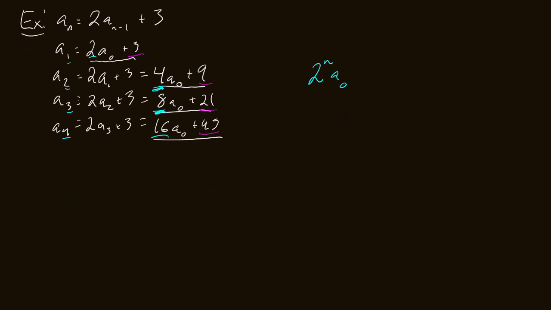45: we have A4 was equal to 2 times A3 plus 3. But then we substituted in for A3, so this became 2 times 8 A naught plus 21, plus 3. So 45 came from 2 times 21 plus 3.